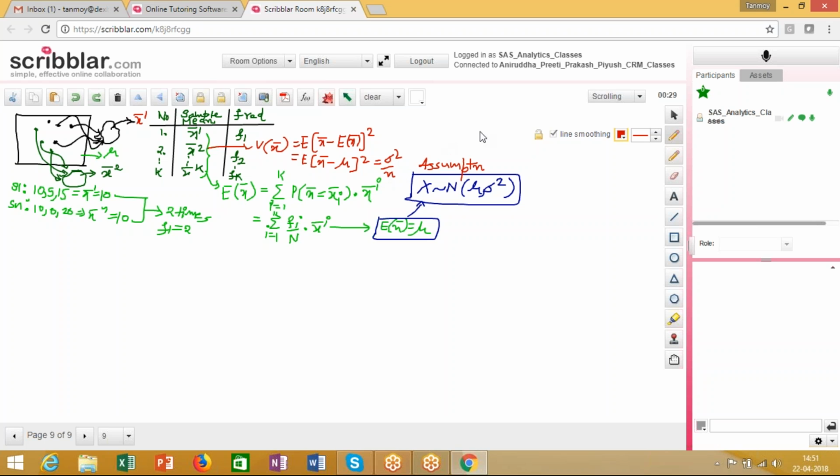Right? So from these two, we can clearly conclude the following: this X bar series follows a normal distribution with mean mu and variance sigma square by n.